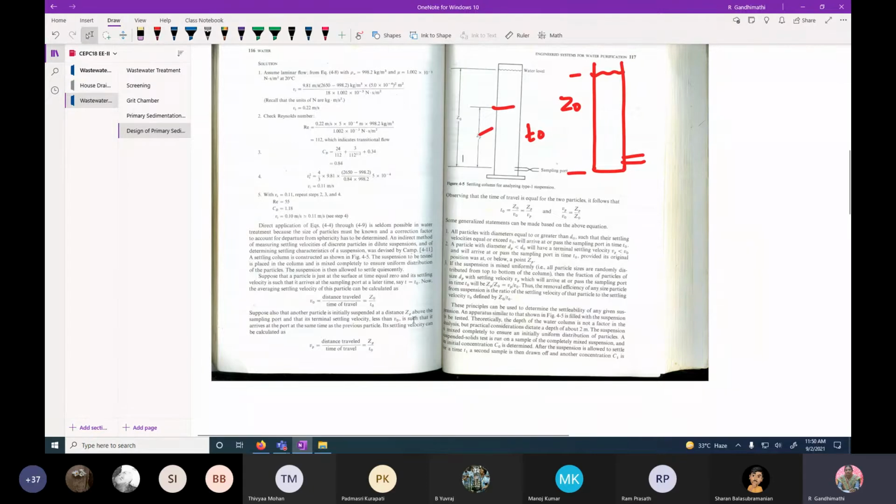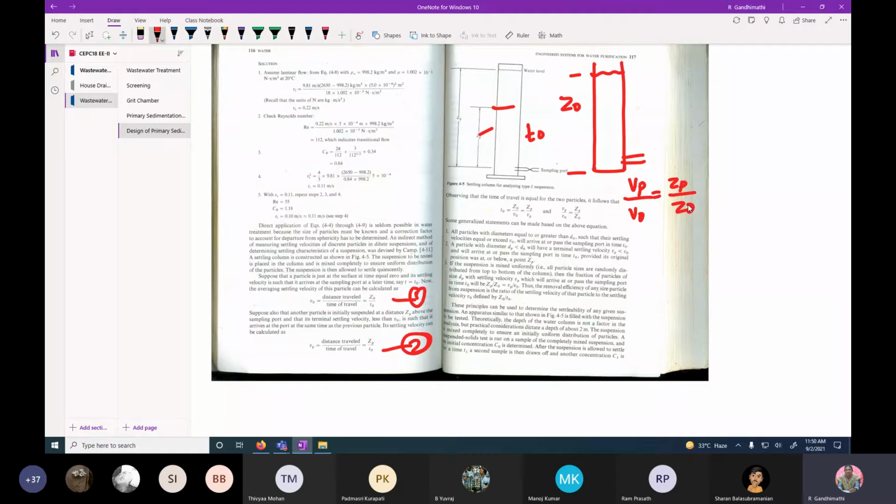Therefore, Vp is the distance traveled by the time of travel t0. Considering these equations, 1 and 2, t0 is equal to z0 by V0, and because t0 is the same for both cases, z0 by V0 is equal to zp by Vp, or we can rearrange as Vp by V0 is equal to zp by z0. Based on this concept, they have generalized three observations.